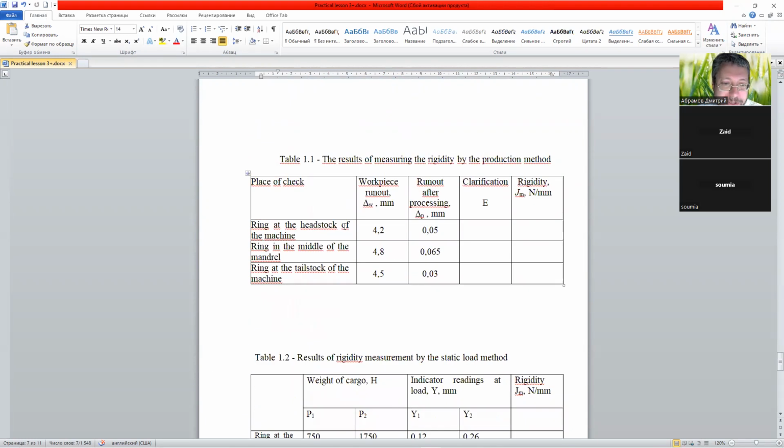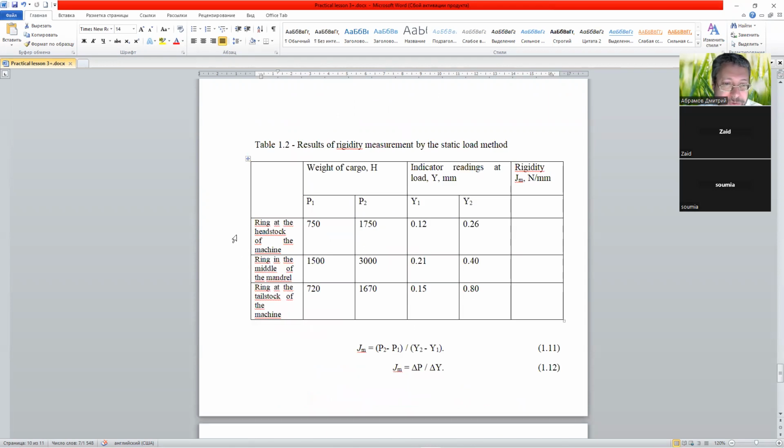Use, please, these parameters for the first ring. First point: load and Y in millimeters. Second point of the first line: load and indicator reading at load.